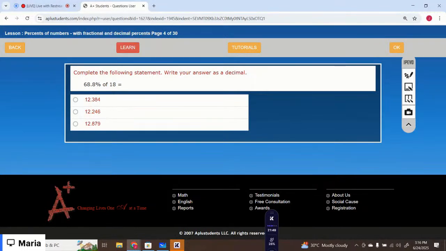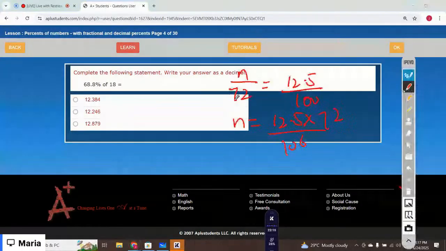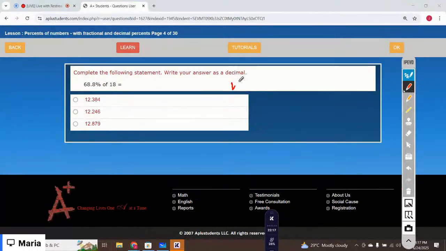Complete the following question, write your answer in the box. 68.8% of 18, so let's do the calculations. That is n divided by 18 equals 68.8 divided by 100.